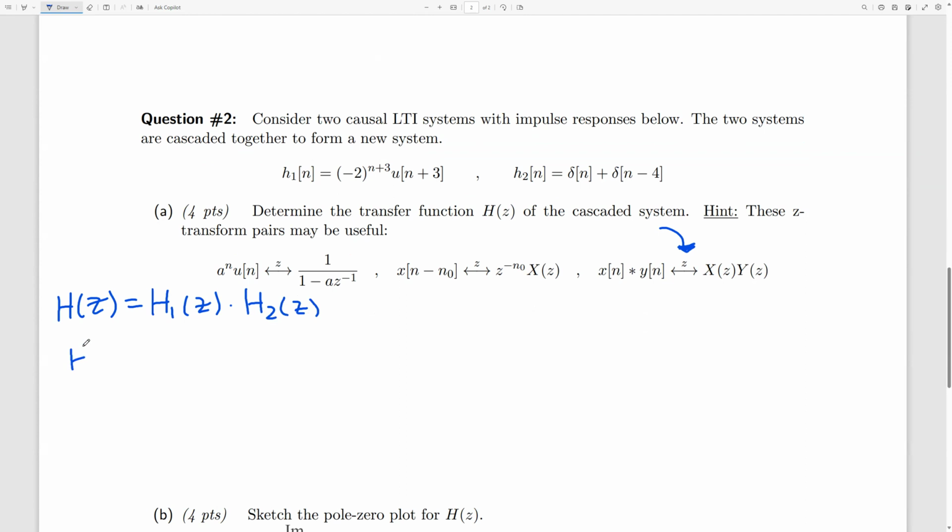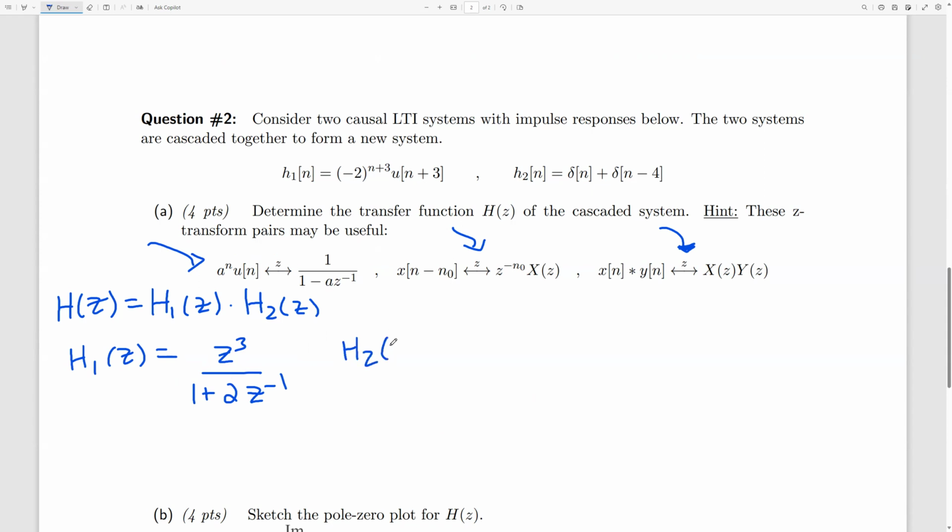So if I want to write H1(z), using this first property, a is equal to -2, but it also has a time delay of 3. So that's equivalent to saying z cubed over 1 plus 2z to the -1. Is that correct? Yeah. Okay.